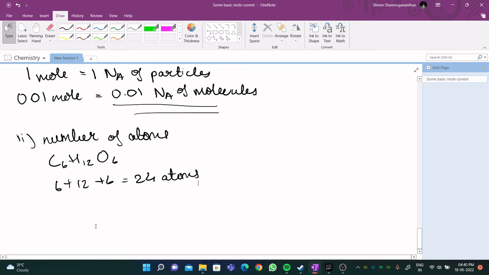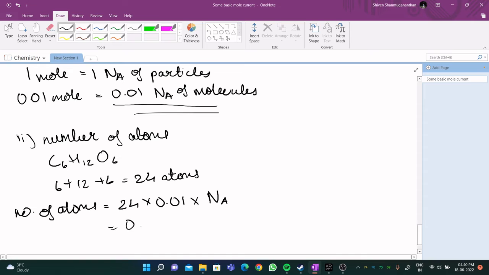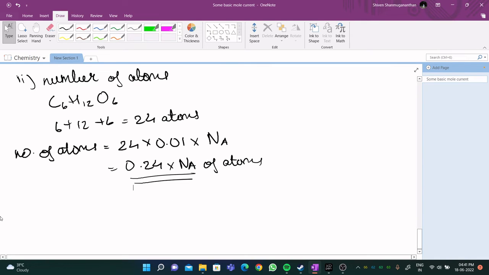So the number of atoms is equal to 24 into 0.01 into Avogadro's number. So we have 0.24 into Avogadro's number of atoms. That was pretty simple. Now, the third part, number of carbon atoms.